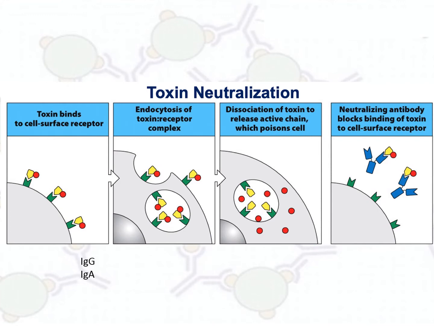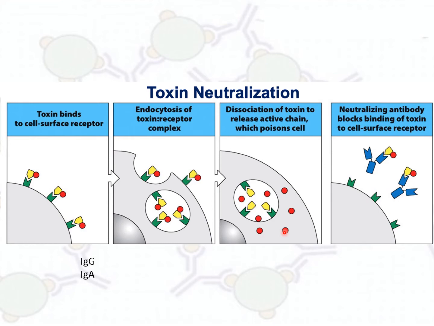For an exotoxin to cause harm, it must first bind to the receptors on a susceptible host cell, which results in endocytosis of the host receptor complex inside the host cell, where the dissociation of the toxin results in release of the active chain, which is poisonous to the host cell.